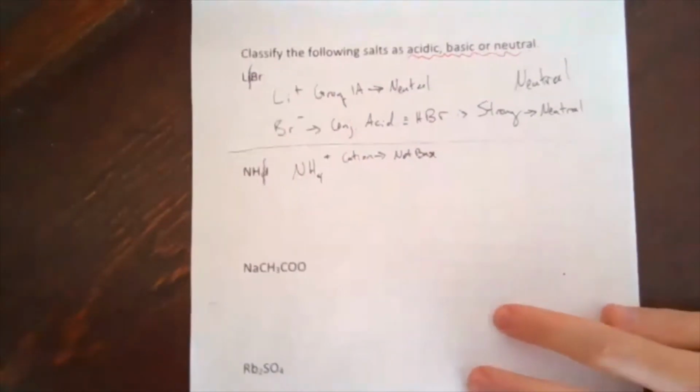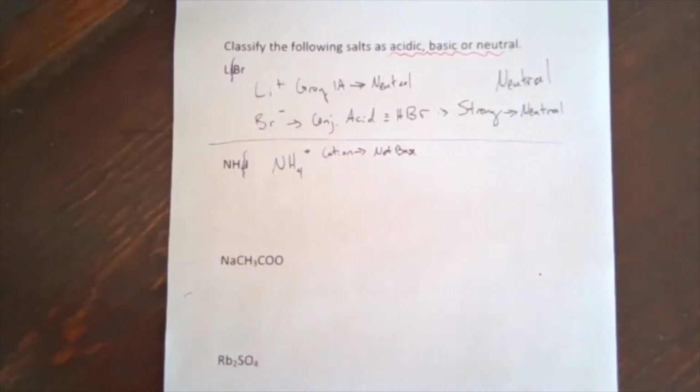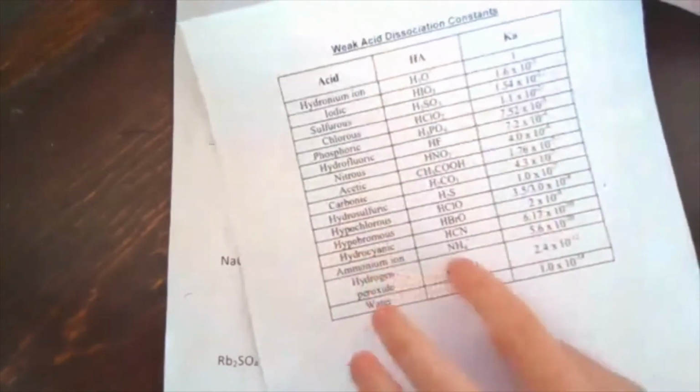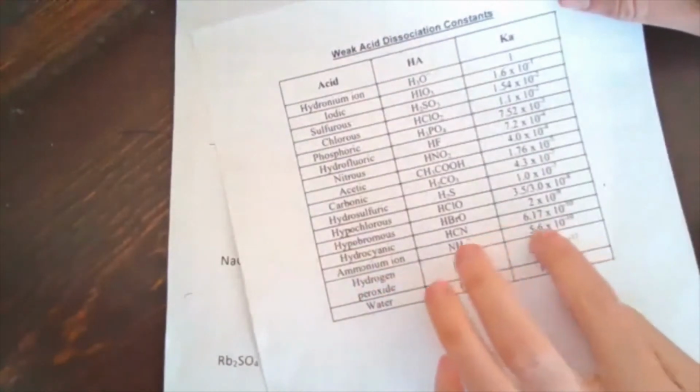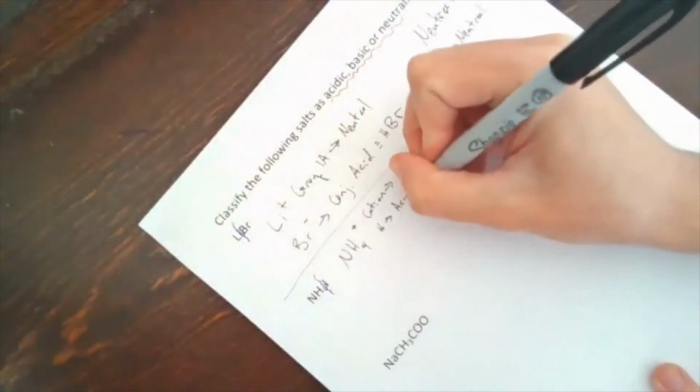Well, it has hydrogens. NH4 plus has hydrogens, and so we would think that's maybe an acid. And actually, ammonium ions, if we look on the weak acid chart, NH4 plus, that's 5.6 times 10 to the negative 10. It's a pretty weak acid, but the H's lead to this thing being an acid.